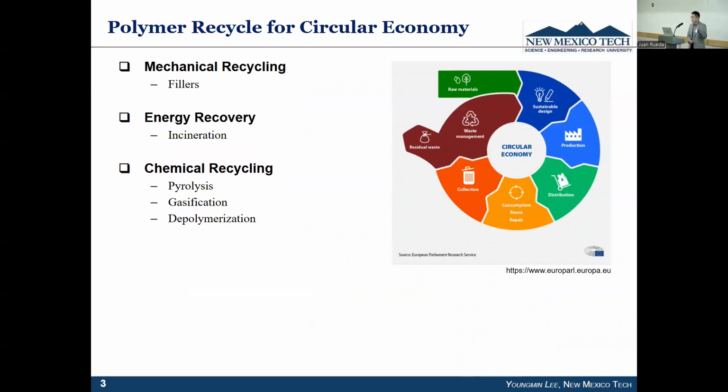Polymer recycling for a circular economy is a big keyword in relevant research as well as industry. So far, polymer recycling is done by three categories of methods. The first one is mechanical recycling. Basically, we chop up the polymer product and use it as a filler in a new, different polymer composite system.